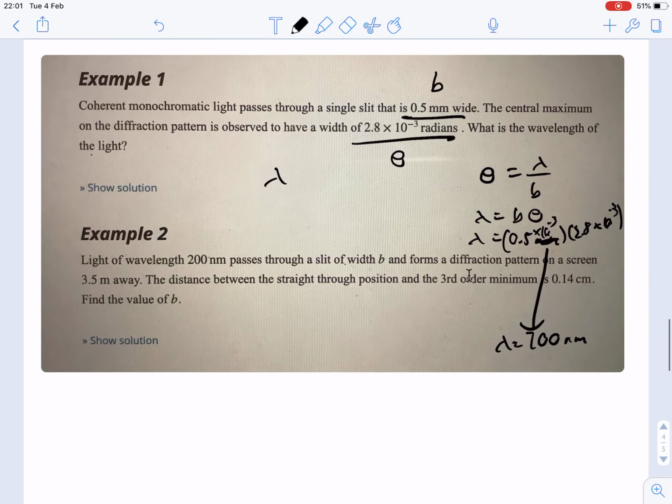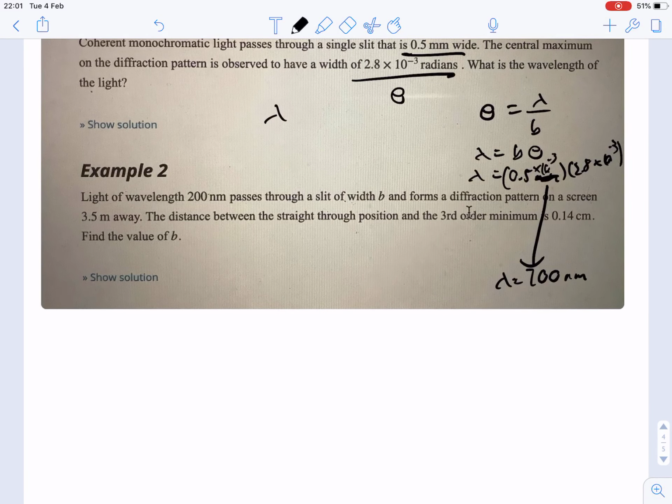For example number 2, light of wavelength 200 nanometers. So we've got wavelength, lambda. I like to make these little notes when I'm doing my questions. Through a slit of width b, so we're asked to find b. It forms a diffraction pattern seen on the screen 3.5 meters away.